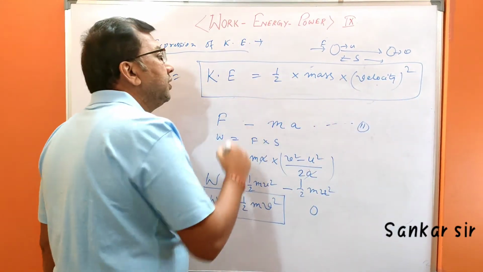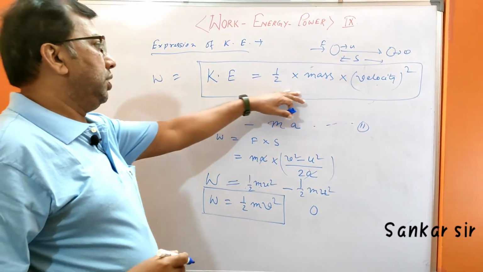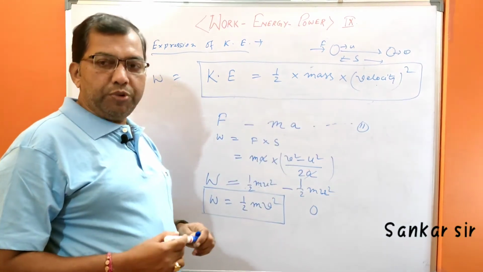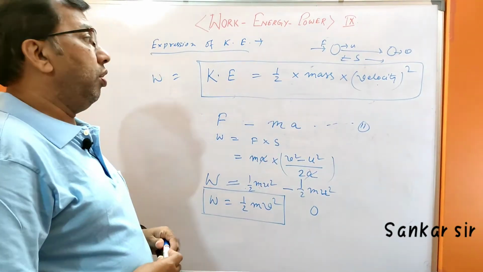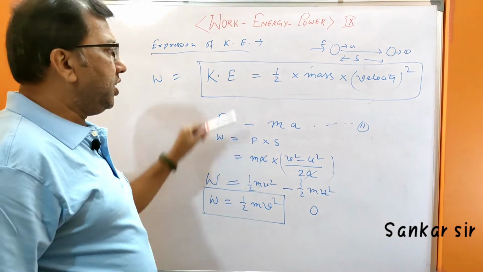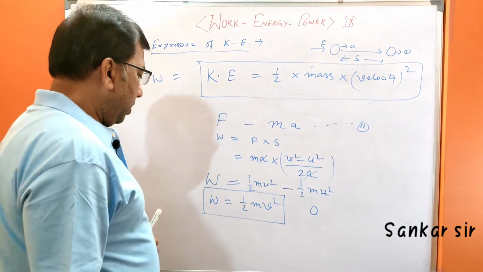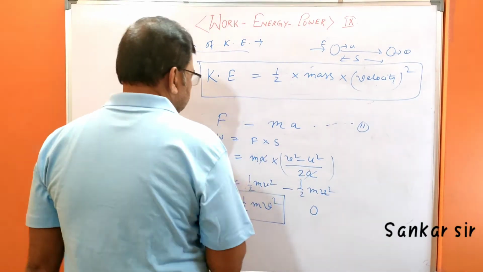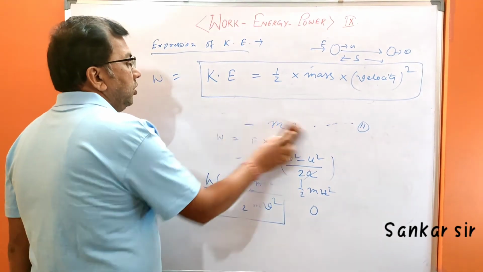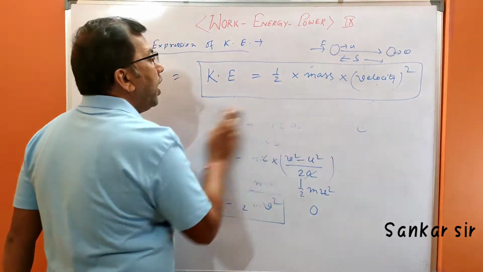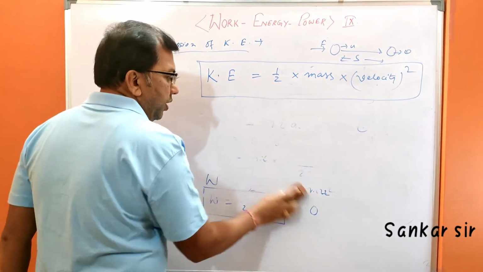This is the relation, and by this relation, so many problems will come, so you have to solve them by applying this formula. Okay, next. Very important. Kinetic energy equals to half into mass into velocity square. Next.